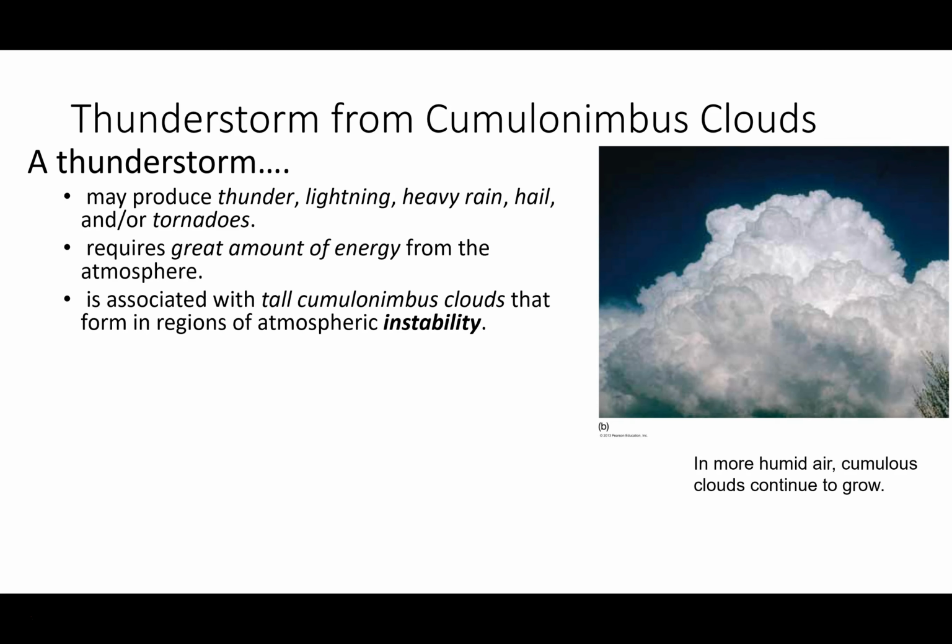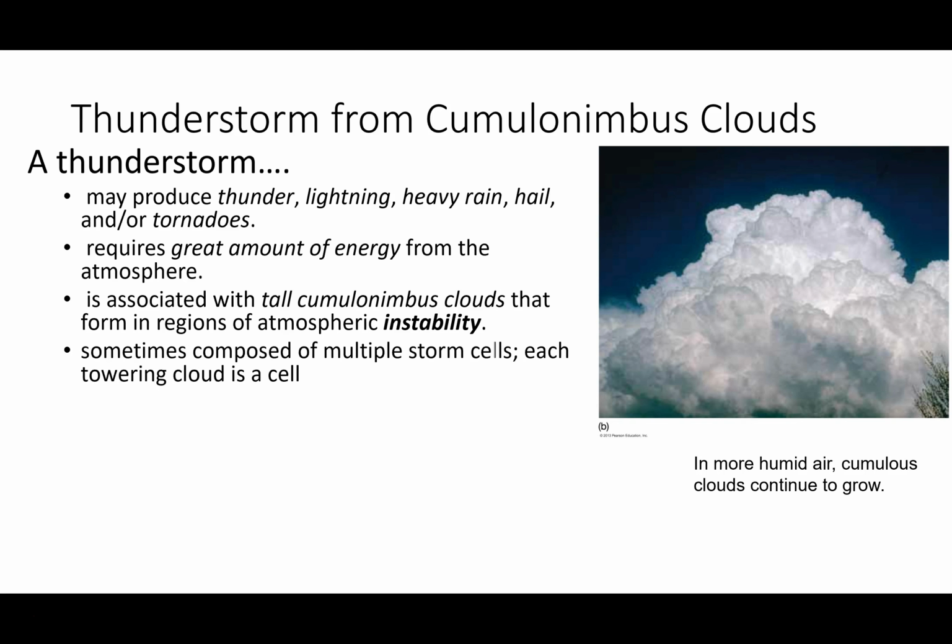So one of the things we know is that warm air rises, and it rises because it's less dense than the air around it. So if I put the word warm here, this is warm relative to the surroundings, so that actually makes it want to go up. And this kind of upward motion is what we call the instability associated with a cumulonimbus cloud.